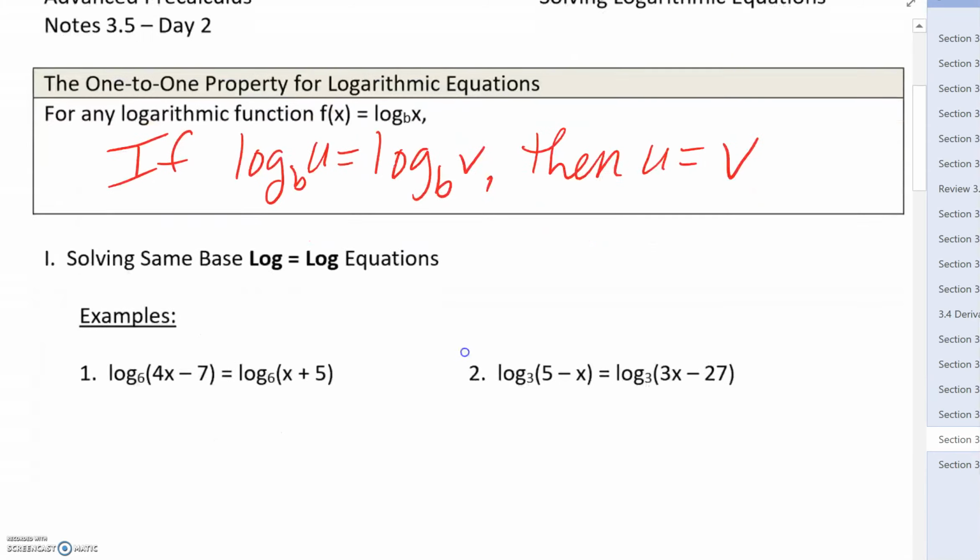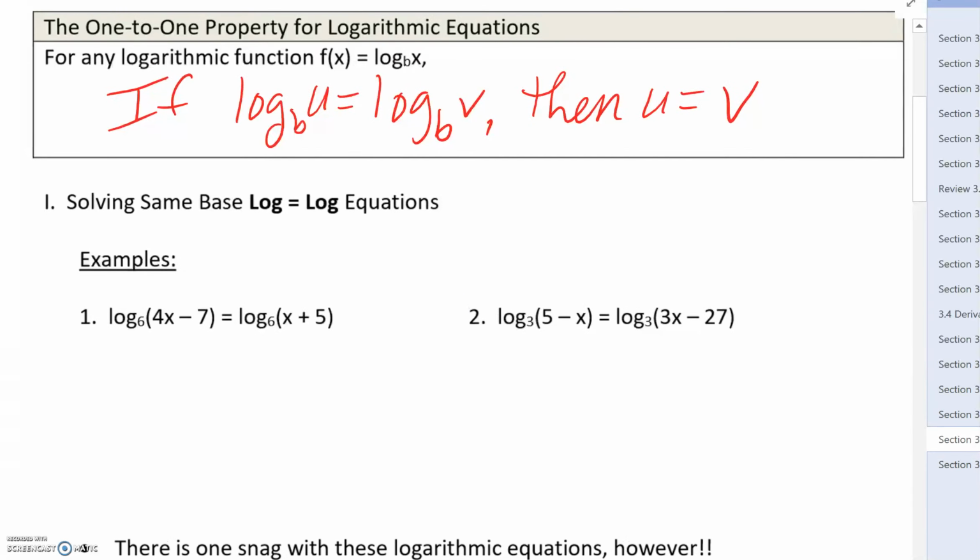So there are two basic types of logarithmic equations. The first type is what I call same base log equals log equations. You'll notice that on all of the problems on this first page, you have logs on the left-hand side and logs on the right-hand side.